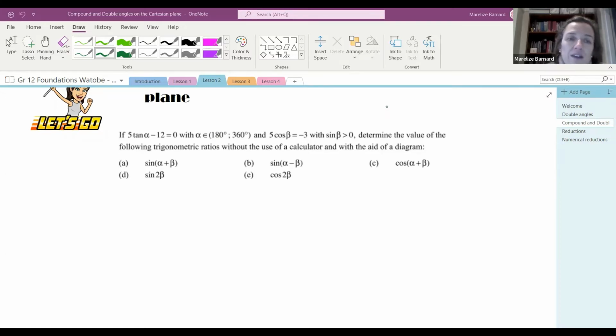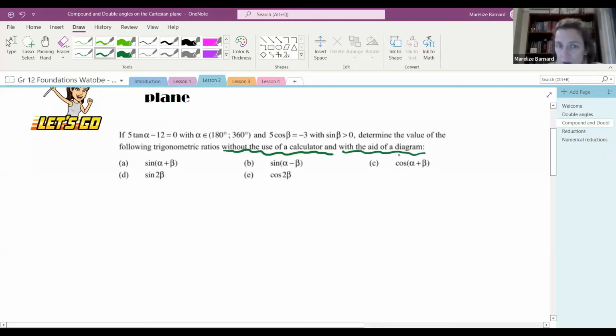So if 5 tan alpha minus 12 is equal to 0, with alpha between 180 and 360, and 5 cos beta is equal to minus 3 with sine beta greater than 0, determine the value of the following trig ratios without the use of a calculator and with the aid of a diagram.